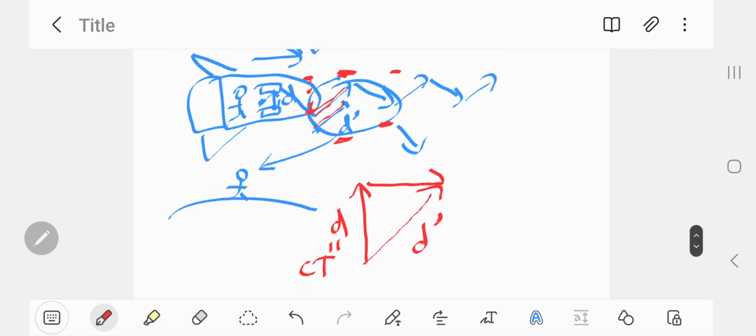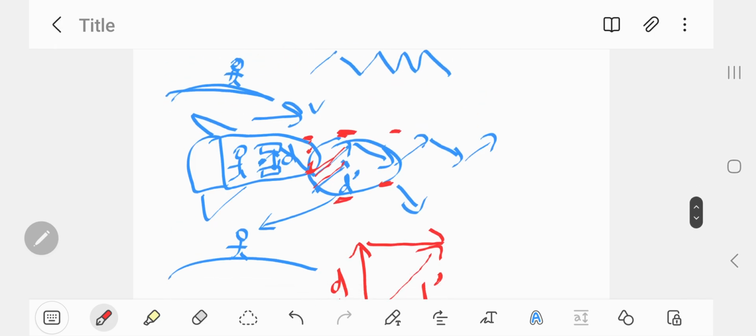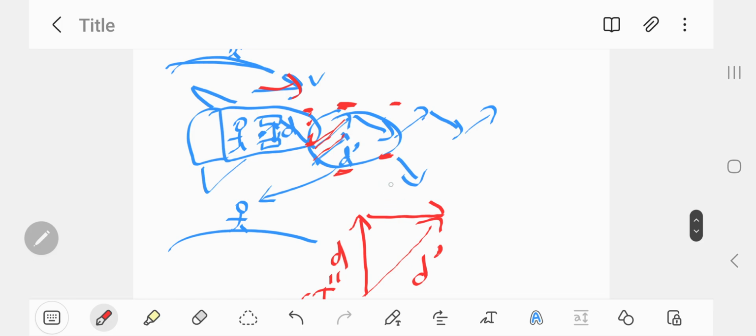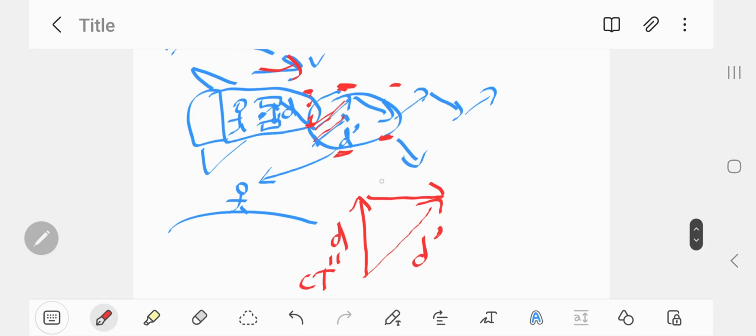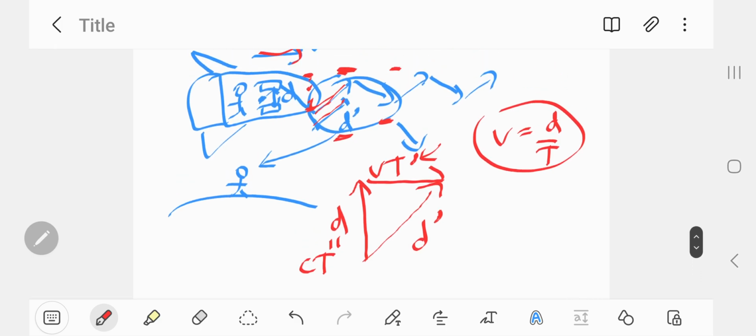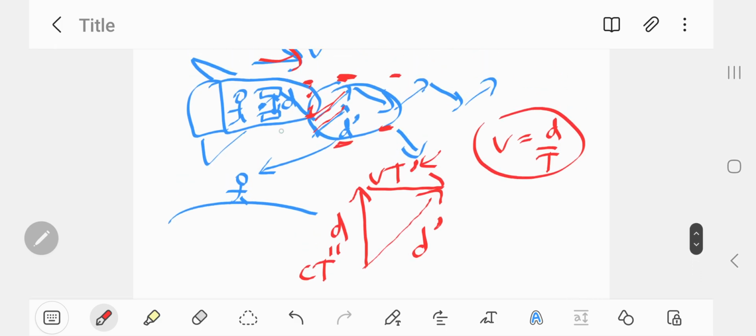And in terms of the velocity of the spaceship, because it's moving along to the right here, we can express the distance as just VT dashed. If you recall, velocity is distance divided by time, so all I've done is rearrange this to find an expression for D. And T dashed is the time that's observed by the stationary person on the planet.